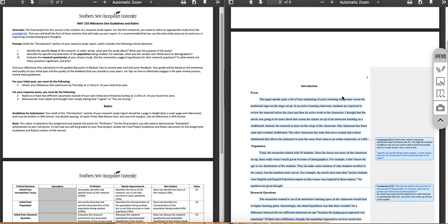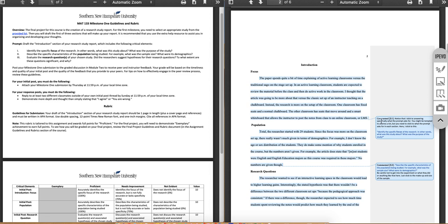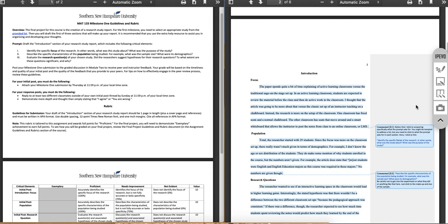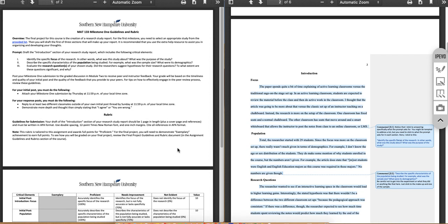And here's the sample paper, and you'll notice there are comments over here. You don't have the comments, but you will when I start evaluating them for grades. So I'll put in comments that you'll need to adjust for the next milestone. So you'll need to take my feedback and make your edits. And you can do that also based on your peer feedback.